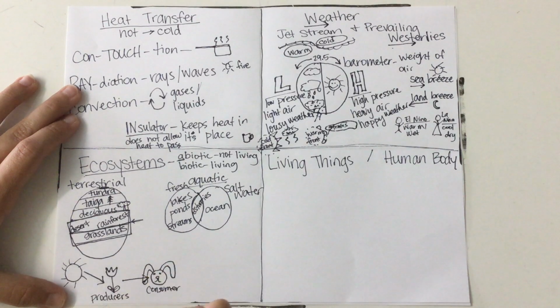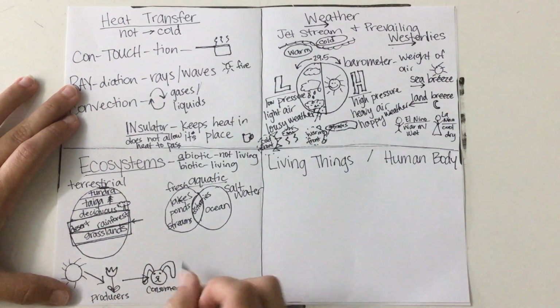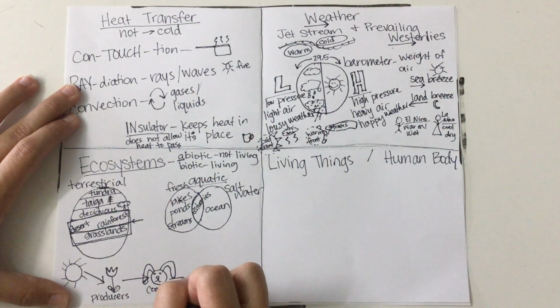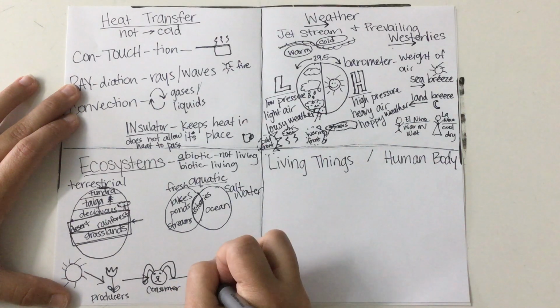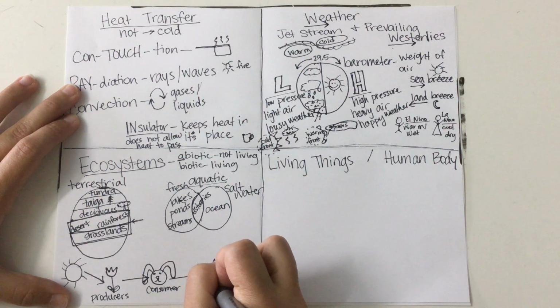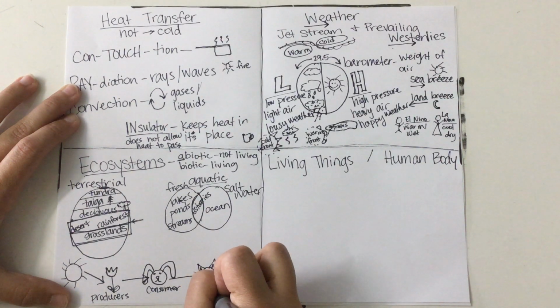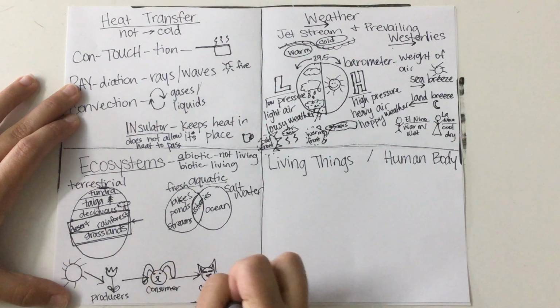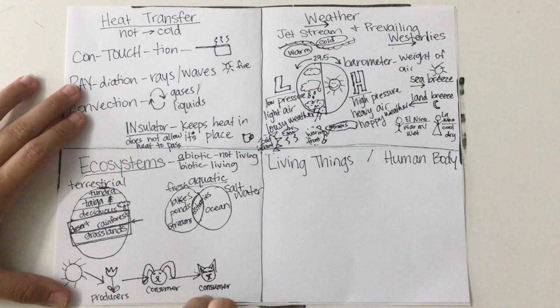Herbivores only eat plants, omnivores eat plants and other animals. And then along may come a fox and eat that cute little rabbit, gobble him right on up. Okay, so put our fox there. And the energy from the rabbit would be transferred to the fox.